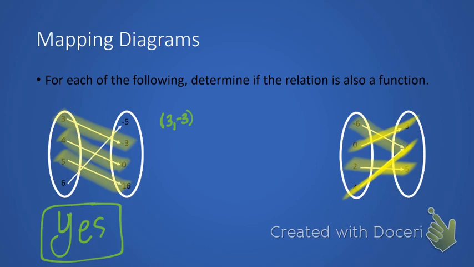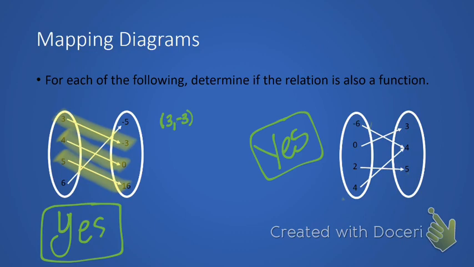I have 4 points and 4 x values, and I know I have 4 points because there's 4 arrows. So my x values do not repeat. Is it a function? Yes. I know this one's kind of tricky because the y values repeat, but if I have 4 arrows and 4 x values, yes, it's a function because my x values did not repeat.